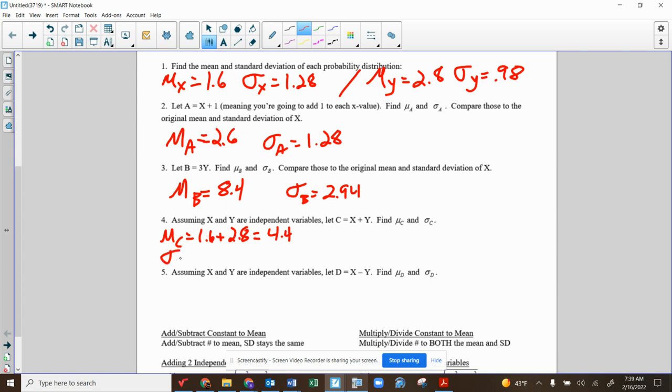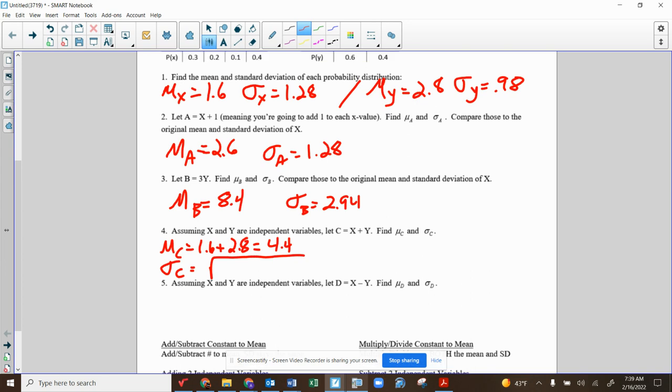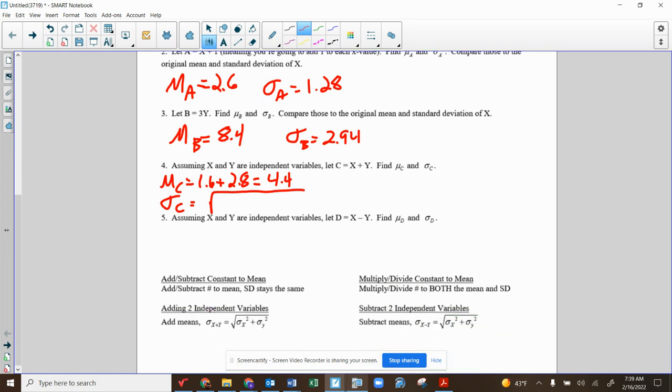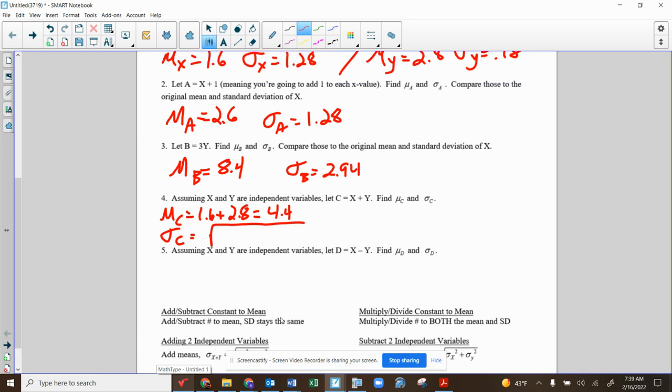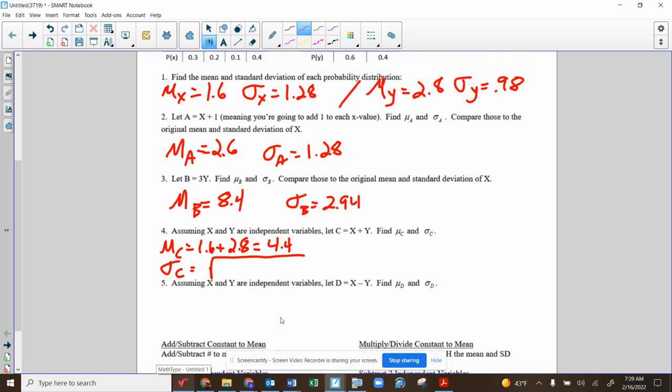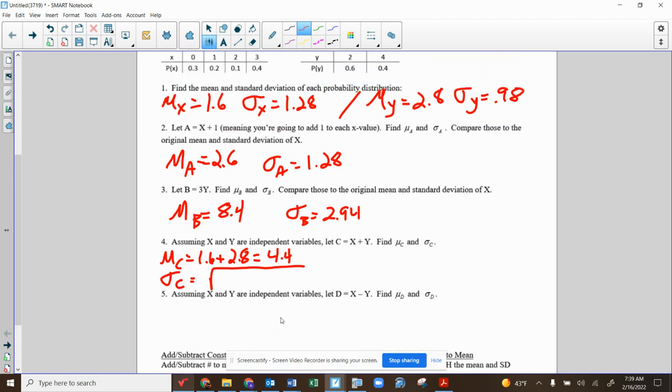The standard deviation is going to be the square root of each one of the standard deviations squared and added together. It's kind of like doing the Pythagorean theorem. So I'm going to take the standard deviation of this one, which was 1.28, square it, and this one, which was 0.98, square it, add them together, and take the square root.